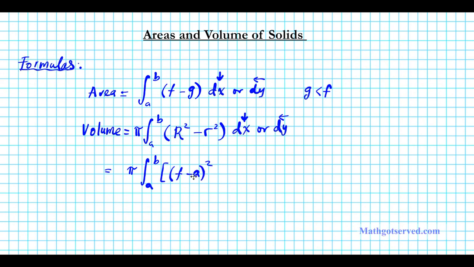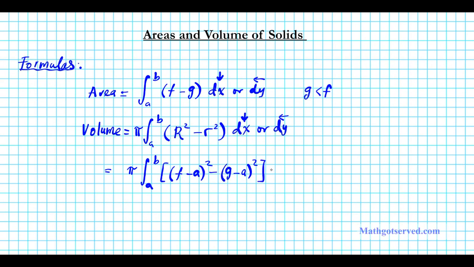This is big R squared. Pi R squared will help you find the area of the outer, bigger disk, minus g minus a squared. This is little r squared. So pi times that square will give you the area of the inner disk, and then when you subtract these two areas, you get the area of the washer.